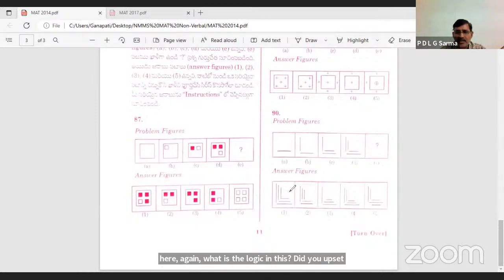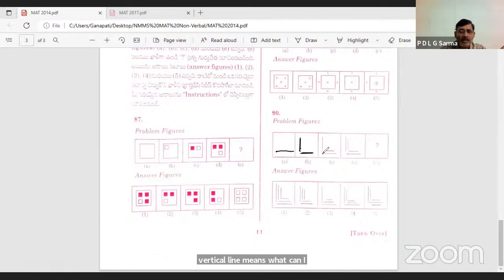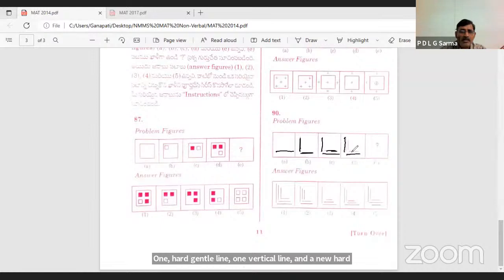First you can see one horizontal line, then one horizontal line and one vertical line, meaning a vertical line is developed. Again, one horizontal line, one vertical line, and a new horizontal line is formed. Again here, this figure is existing and one vertical line is developed.